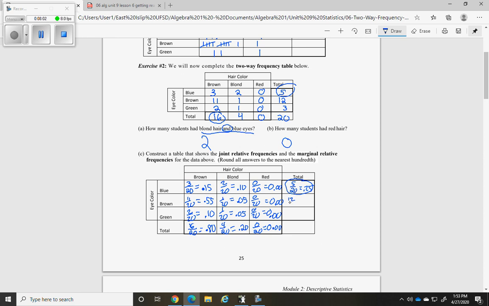And then 12 out of 20 is 0.60. 3 out of 20 is 0.15. And 20 out of 20, this will always turn out to be 1 or 1.00 because it represents 100% of the people. So along the margins, these are your marginal relative frequencies. Inside, the first ones I did are your joint relative frequencies.